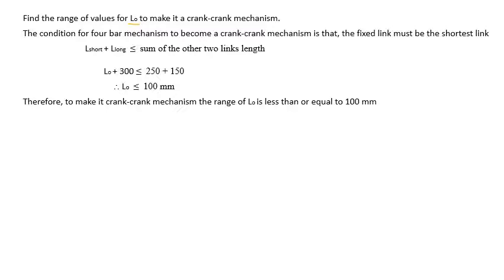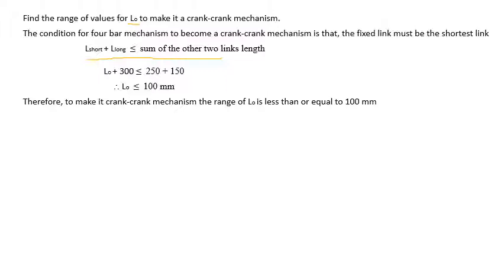The shortest link must be fixed, then only we'll get the double crank mechanism. So here in the equation, Grashoff's condition, the sum of the shortest and the longest link length must be less than or equals to the sum of the other two link lengths.